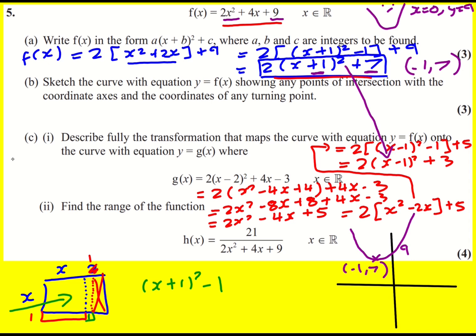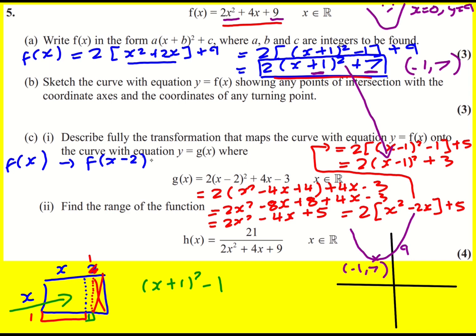So it might help, we've got f of x, to write down what g of x is in terms of f of x. Now, instead of adding 1, I'm minusing 1. So I'm actually doing x, and then I'm minusing 2. That would give me 2 lots of x minus 1 all squared plus 7.